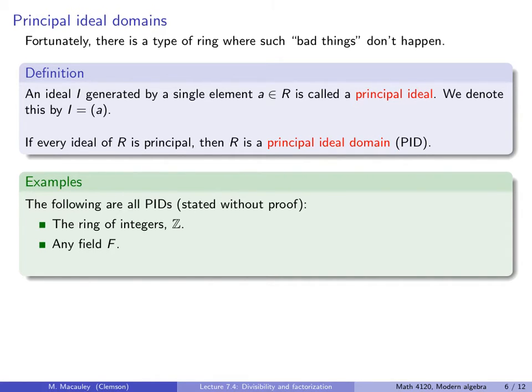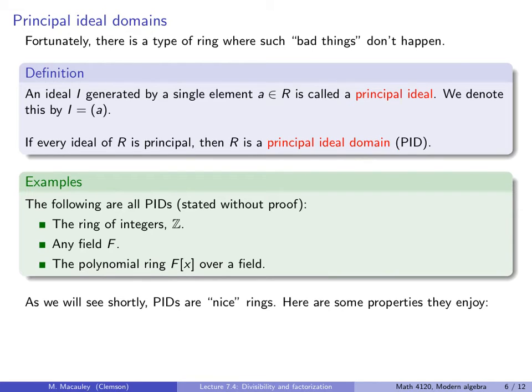Clearly, the zero ideal is generated by one element, namely 0, but since every non-zero element in a field is a unit, then any non-zero ideal of a field contains a unit, and therefore is the entire field. And that's generated by 1. So fields only have 2 ideals, so they are trivially principal. And finally, a polynomial ring in one variable over a field is a PID. We'll learn more about this in the next lecture when we study Euclidean domains.